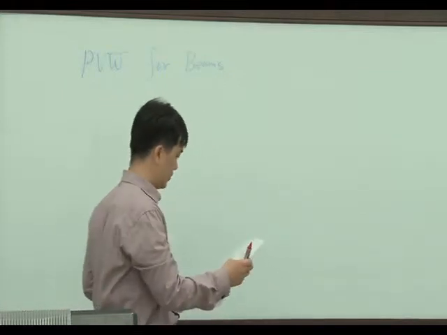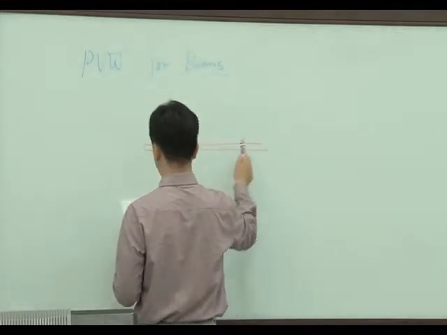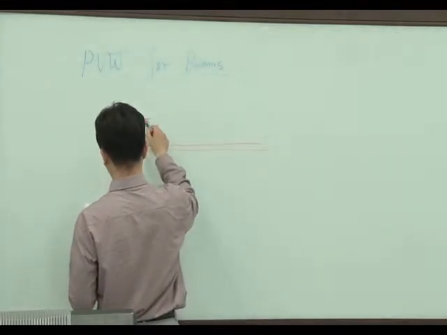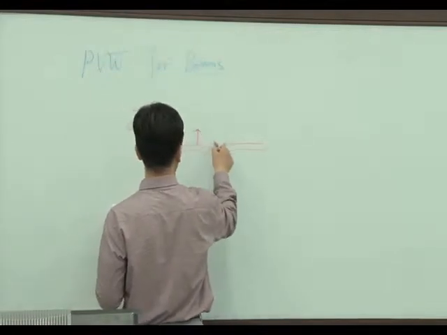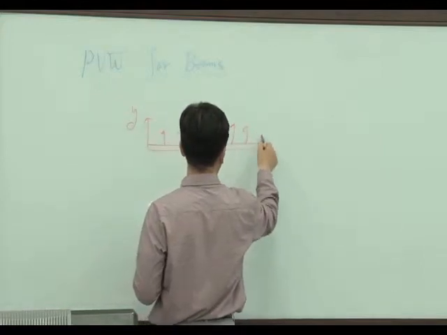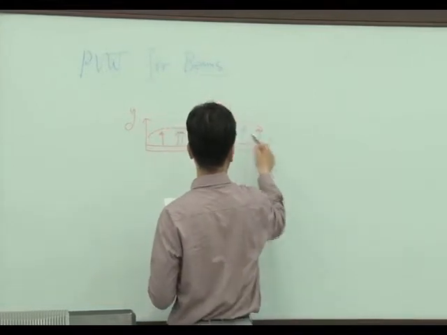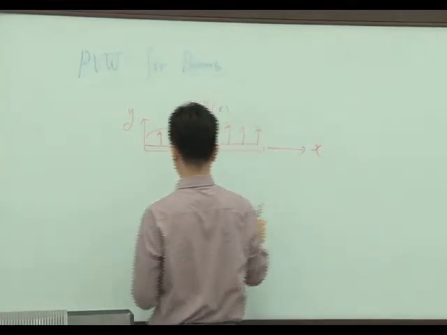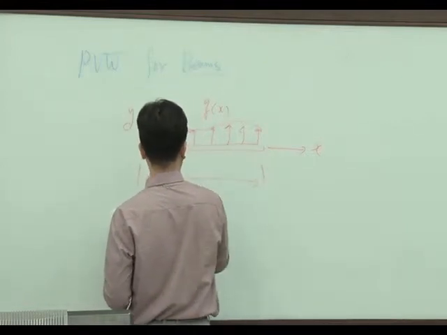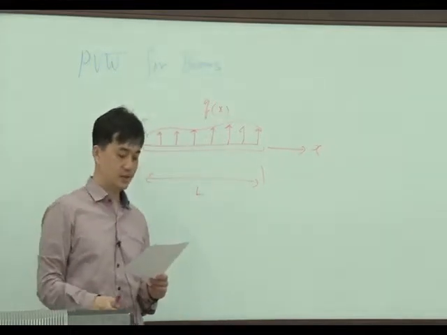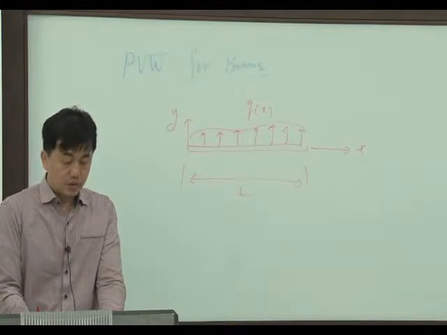Okay, let's consider a beam. You should remember the equilibrium equation we derived a long time ago. This is the y-axis, and a distributed force q is applied. q is a function of x, the x-axis. This length is L. Let's consider this beam. You remember the equilibrium equation?